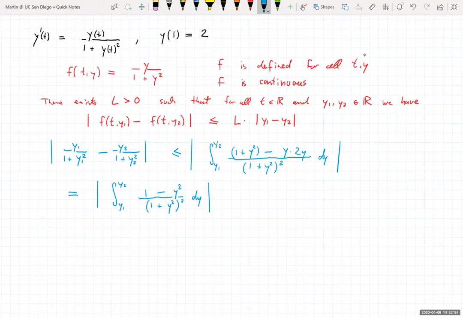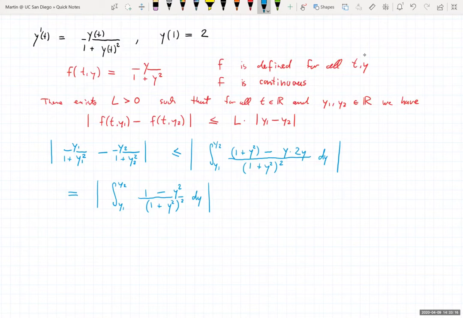Now we would like to know that this integrand here is bounded in terms of absolute value. In fact, there's an argument to see that this integrand is bounded.